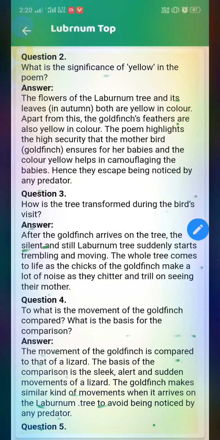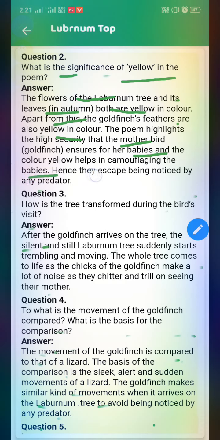Next, what is the significance of yellow in the poem? The flowers of the laburnum tree and its leaves in autumn are both yellowing, and apart from this, the goldfinch feathers are also yellow in color. The poem highlights the high security that the mother bird goldfinch ensures for her babies, and the yellow color helps in camouflaging the babies.